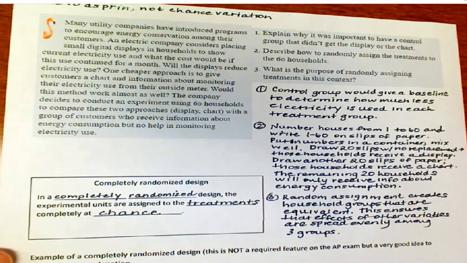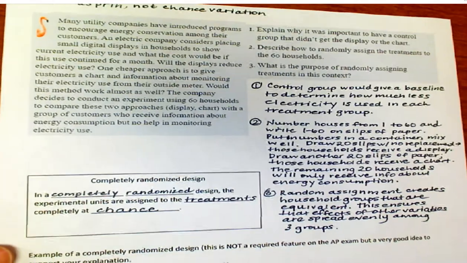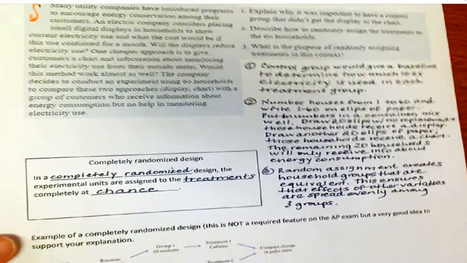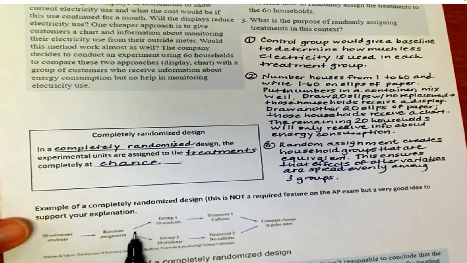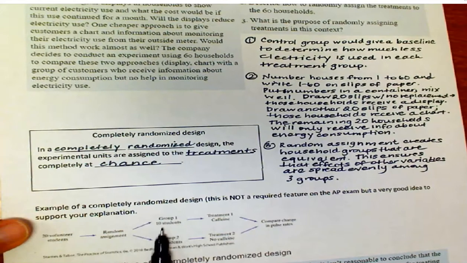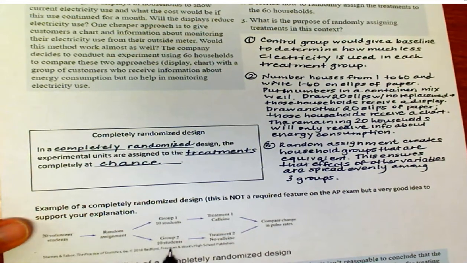Okay, so here is an example of a completely randomized design. This is not a required feature on the AP exam, but a very good idea to support your explanation. You have 20 volunteer students, and you do a random assignment to break them up into 2 groups: group 1 with 10 students and group 2 with 10 students.